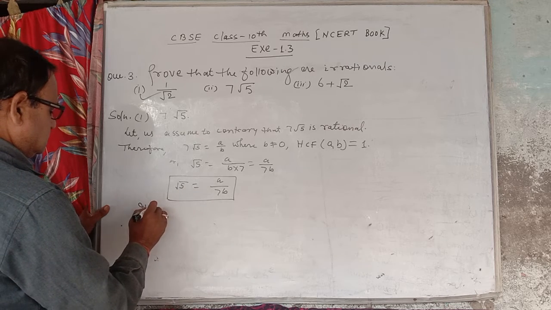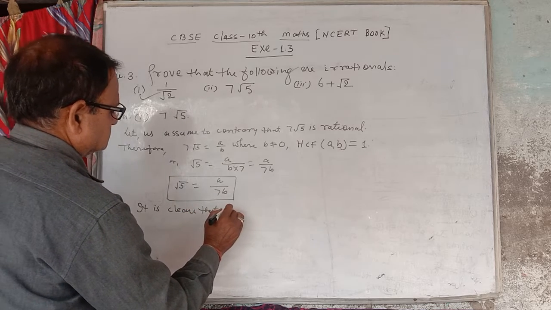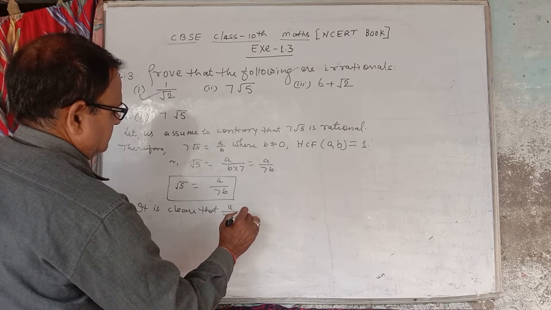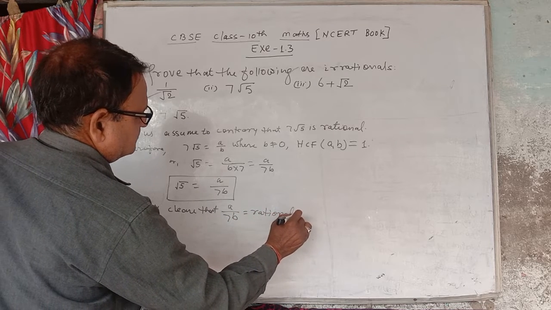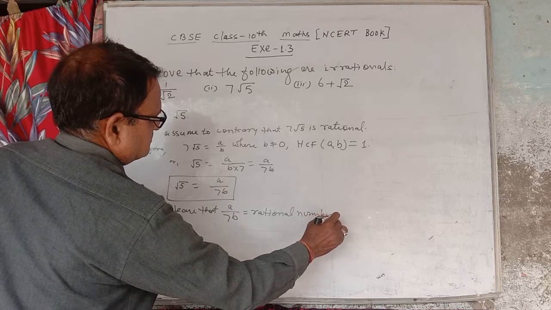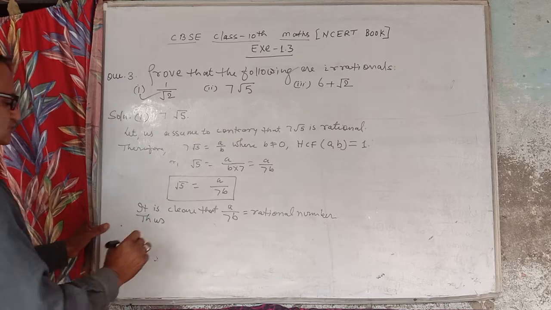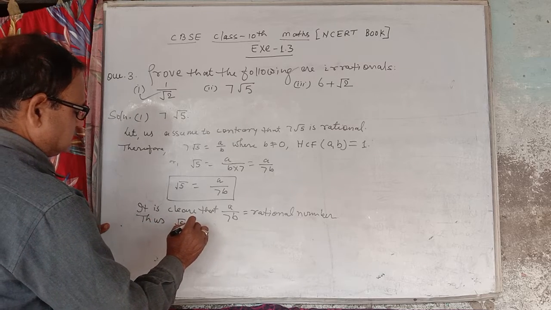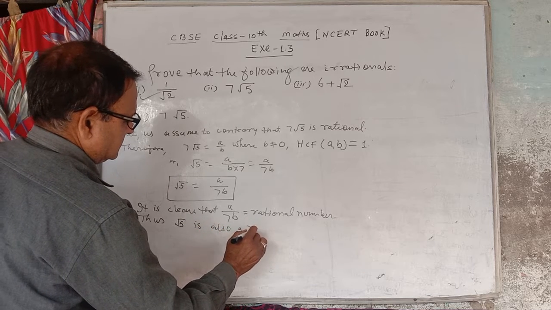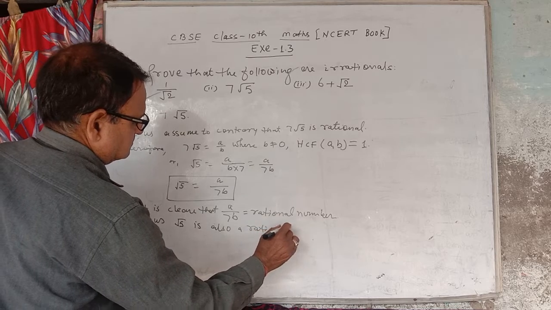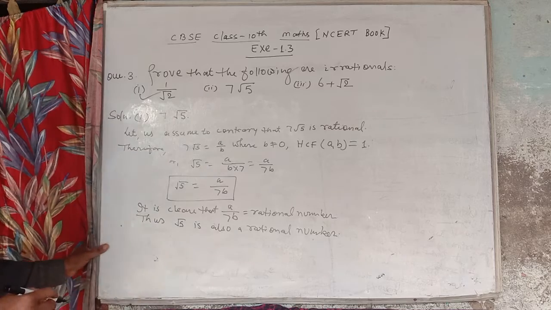It is clear that a by 7b is a rational number. Thus, root 5 is also a rational number.